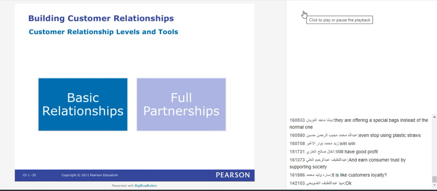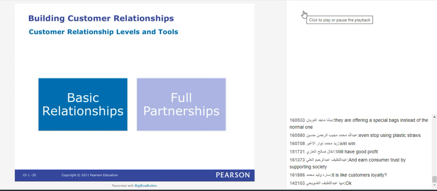Okay, what about full partnership? This is with the distributors and retailers, or with customers with high margins. Few customers and high margins. For example, Rolls Royce is creating full partnerships with its customers.